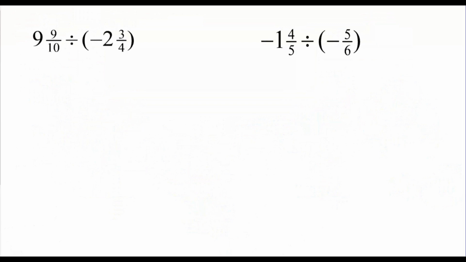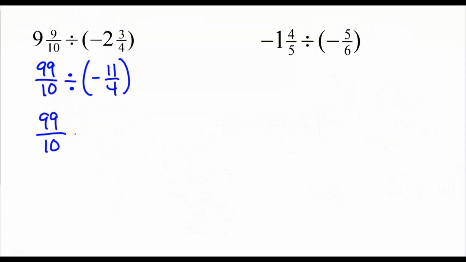Here's a couple examples. 9 9/10 divided by negative 2 3/4. As fractions, this is 99/10 divided by negative 11/4. And then I'm going to change this to multiplication. 99/10 times negative 4/11.